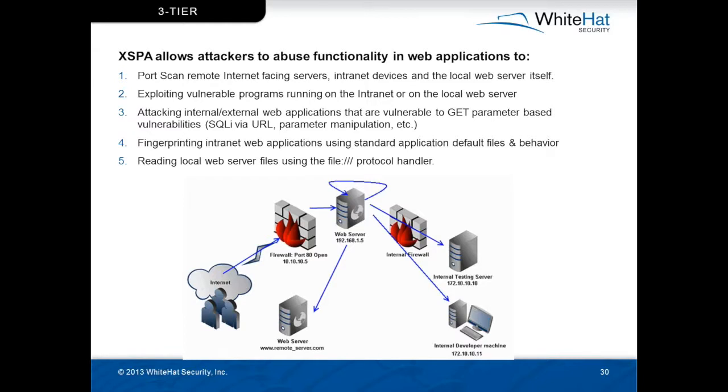You can attack internal or external web applications that are vulnerable to GET parameter-based vulnerabilities. Again, you can use the website to exploit, not just port scan. You can have your website proxy funnel a SQL injection attack. You can fingerprint web applications, again, all very possible, or you can read local files using the file protocol handler.